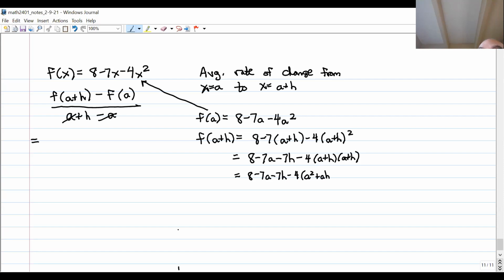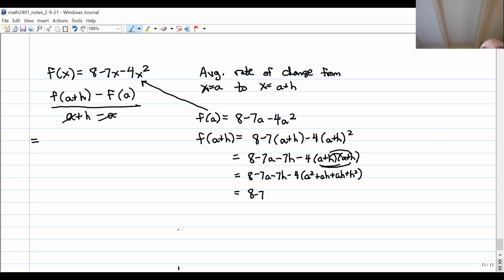Here you have h times a again. I'm going to write it in alphabetical order, though, so I'm going to write a times h, and then h times h, which of course is h squared. Don't forget, though, you have minus 4 multiplied times all of this, right? So put all of this in parentheses because you've got to multiply by minus 4.